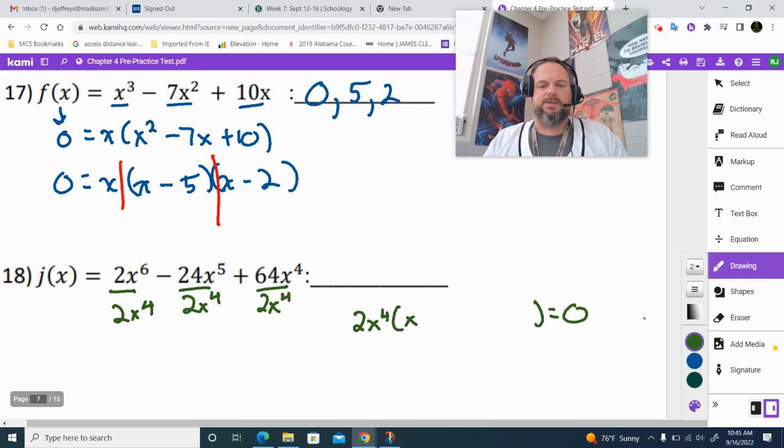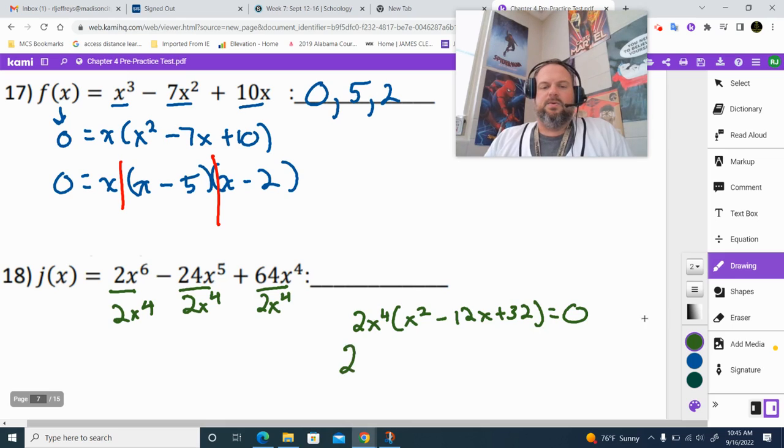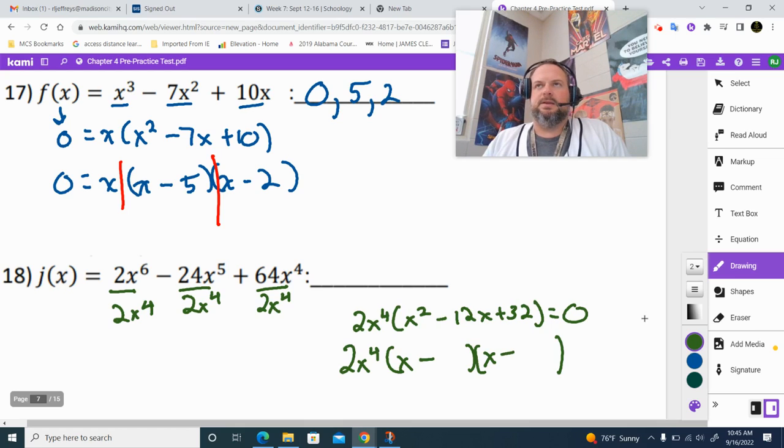So I'm left with x squared minus 12x plus 32. Now what two numbers, when we multiply them, we get 32, but when we combine them, we get 12? 4 and 8.